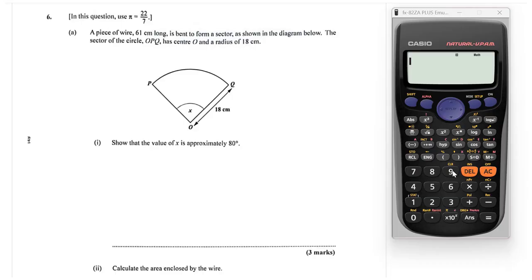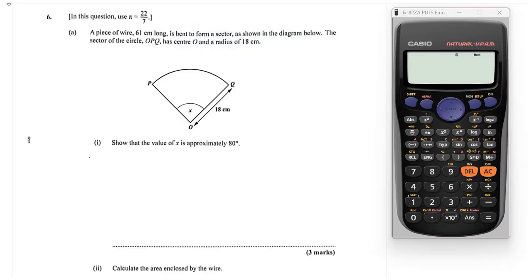So here it says a piece of wire 61 centimeters long is bent to form a sector as shown in the diagram below. The sector of the circle OPQ has center O and radius 18 centimeters. Show that the value of x is approximately 80 degrees.